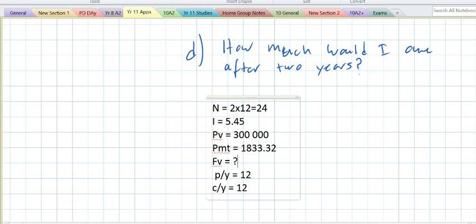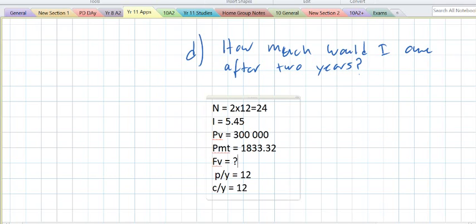So what this working is telling us is that for 2 years, I paid $1,833 at 5.45% interest. I started off borrowing $300,000, and I want to know how much I have still left to go. How much have I decreased it by over those 2 years? Does that make sense?